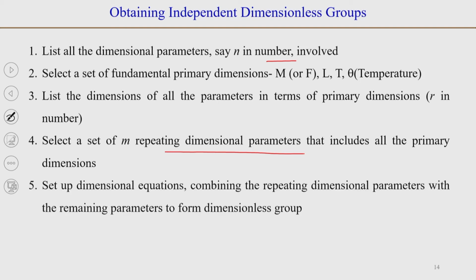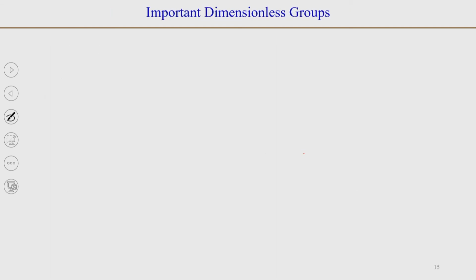Once you have done that, you combine them with some assumed exponents of the repeating groups and obtain the exponents by making these groups dimensionless. Once you make the group dimensionless and obtain it, check if your group is dimensionless.